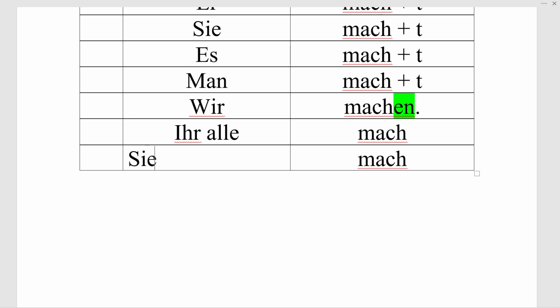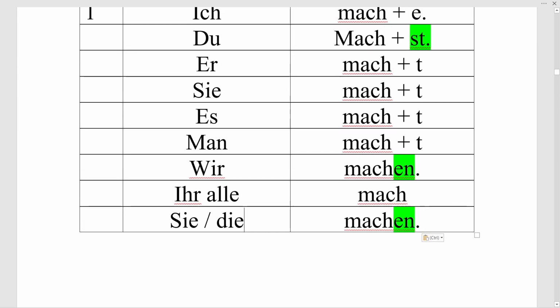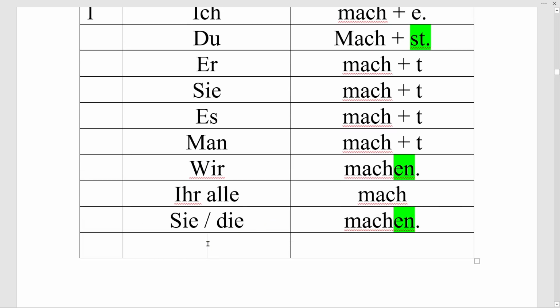Now we're going to go to sie and die. Sie here is "they", and it is used with the same thing, machen. Again we have one more sie, which is the formal sie, and this one is also used with machen. So we remember that wir, sie, die, and sie are used with simple infinitives in German.